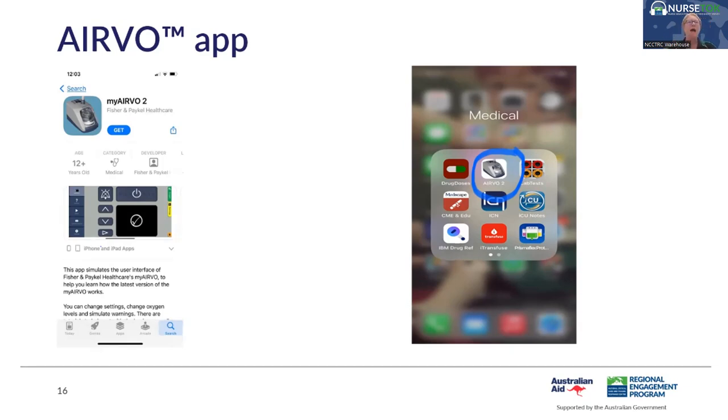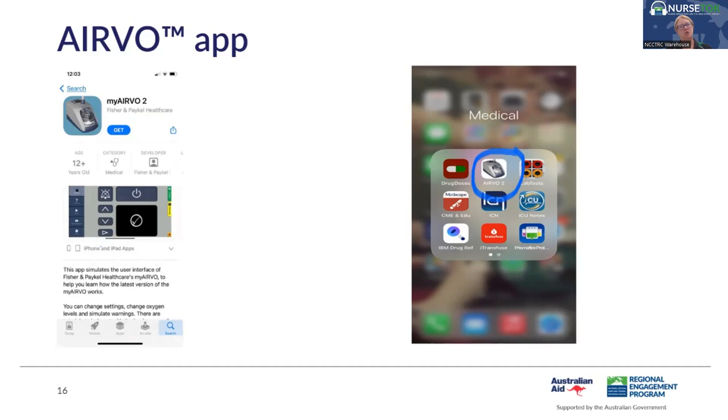All right. Now, if this is helpful to you, there is an app that you can get from the App Store. Once you have downloaded it, it doesn't take up any data and it doesn't cost any money.